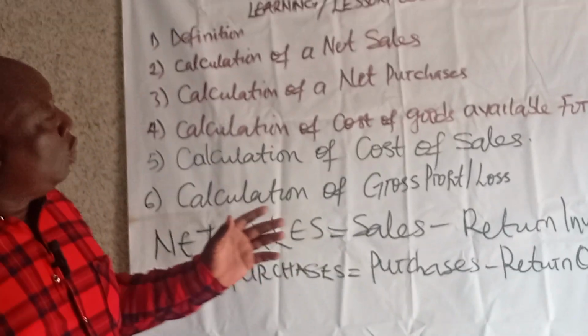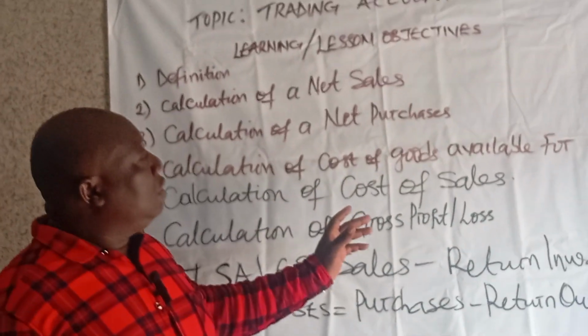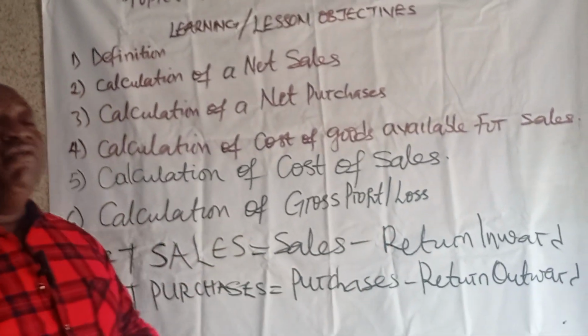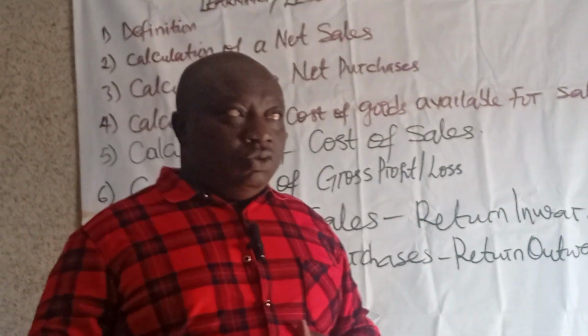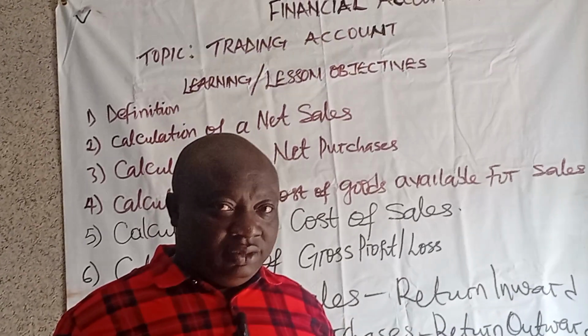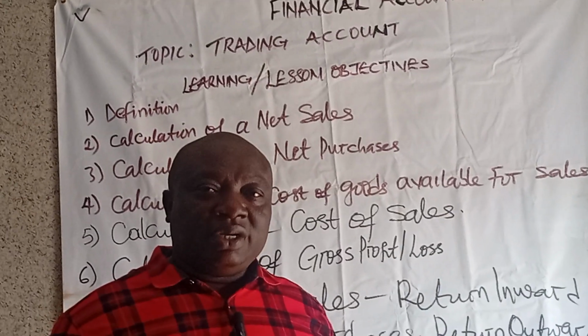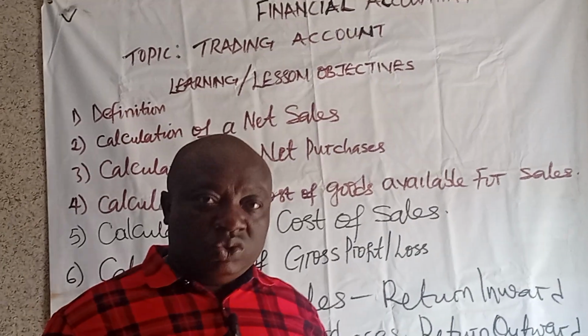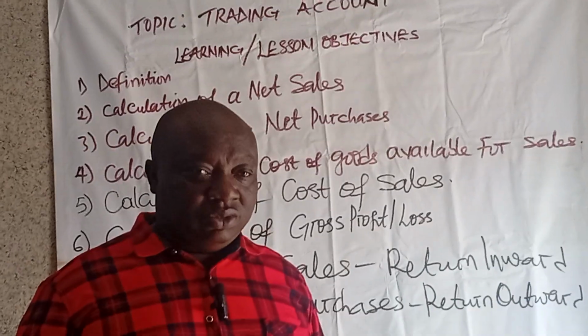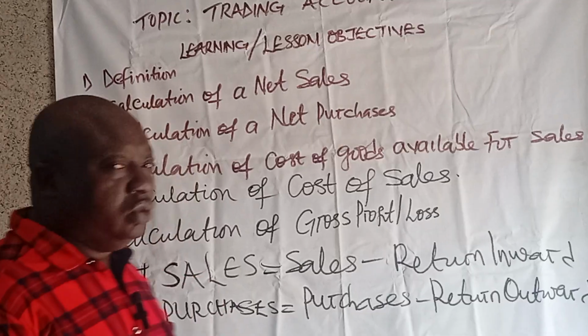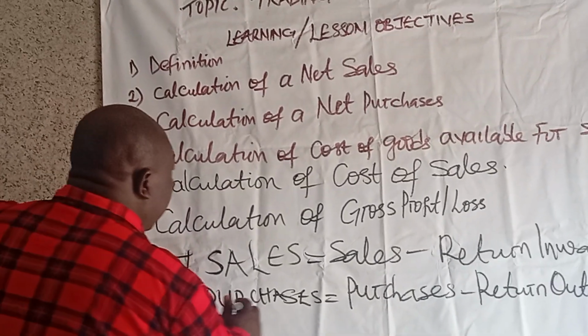We need to know how to calculate cost of goods available for sales. How do we calculate goods available for sales?